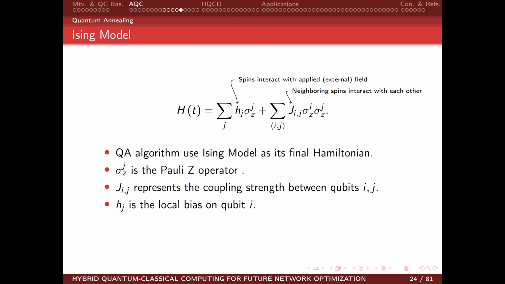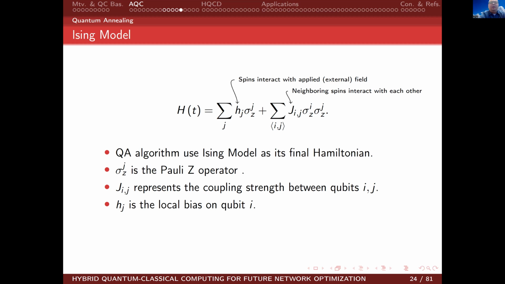For this Ising model, we can see that it has two parts. The first part represents the qubits, how they spin, and the second part represents how the qubits interact with their neighbors.